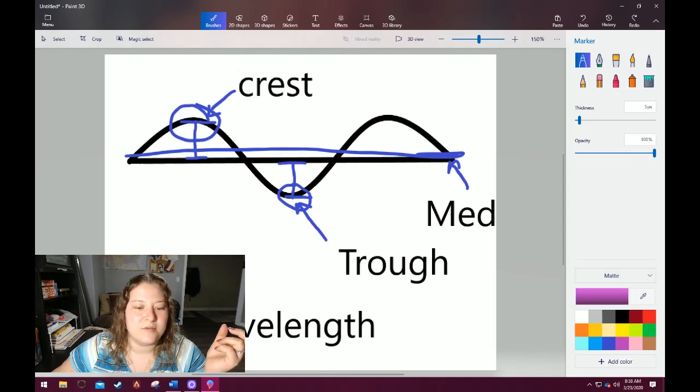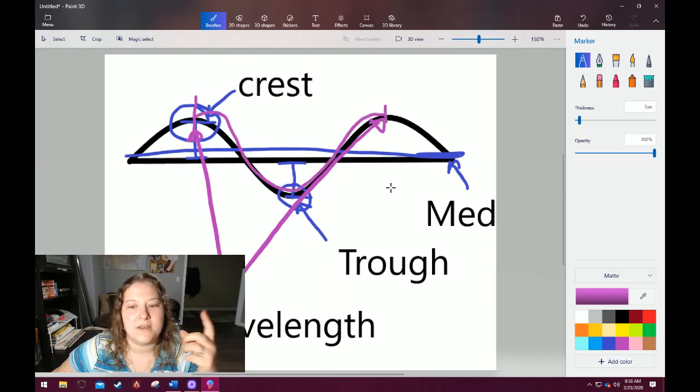Let's do purple, or pink. So it's the distance of the wave that goes this way. That is a wavelength, crest to crest. You can also go trough to trough, or you can go baseline, crest, trough, baseline.